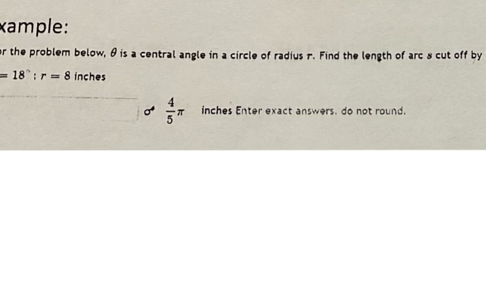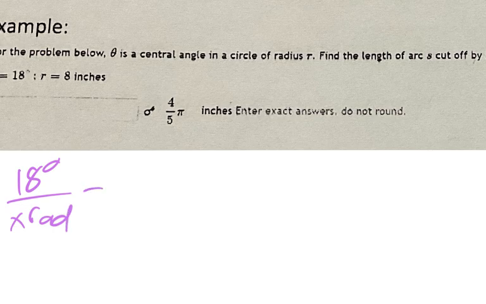Don't remember? Oh, I think I do remember. 18 degrees. I want to know how many radians that is. Equals 180 over something. It can be either way as long as you make them match.